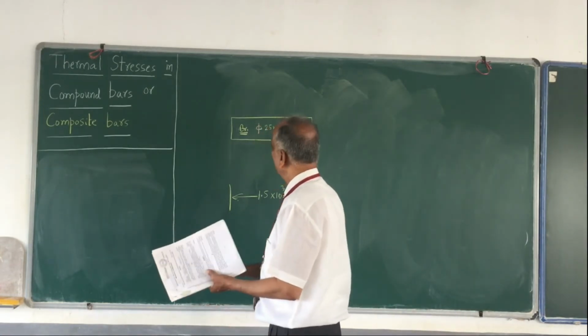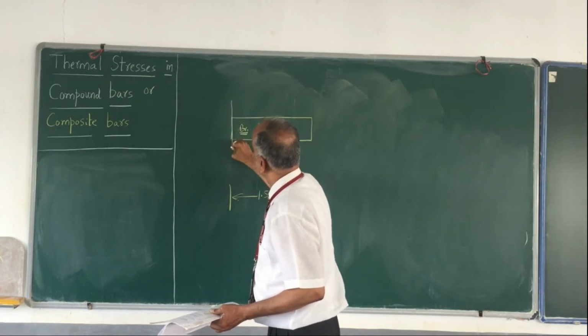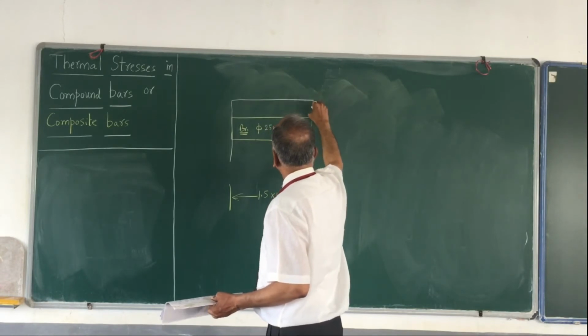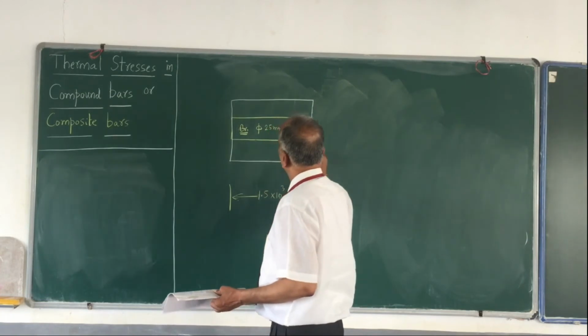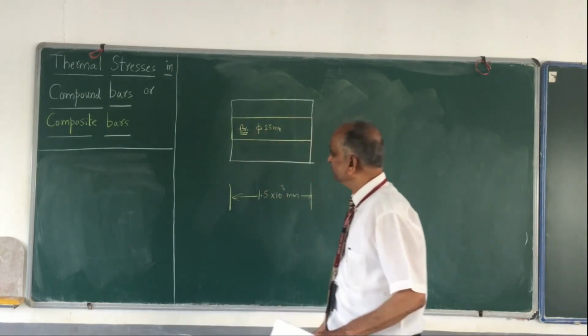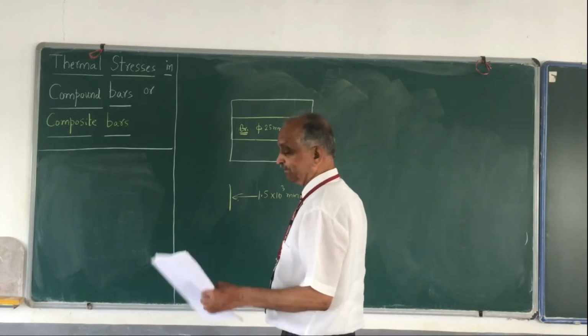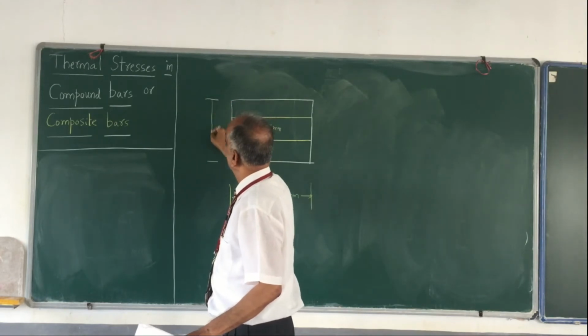And surrounding that you have steel. The steel is a hollow one. It has inside diameter 25 so that the bar can be enclosed, and the outside diameter is 50 mm.